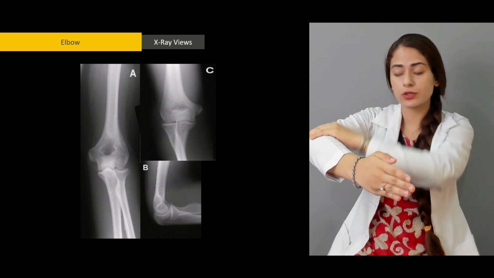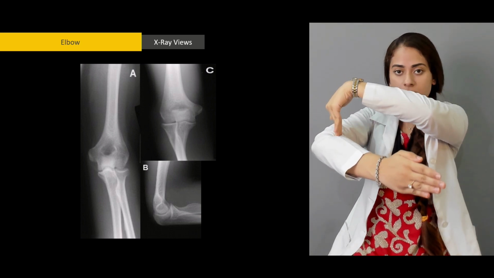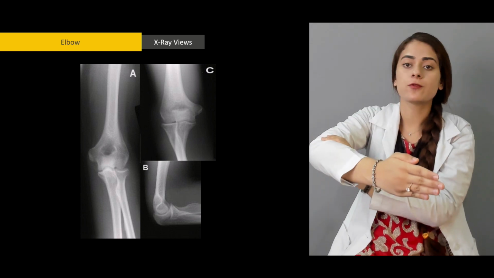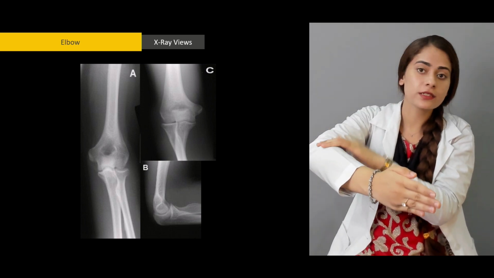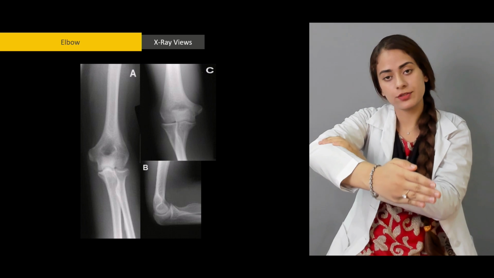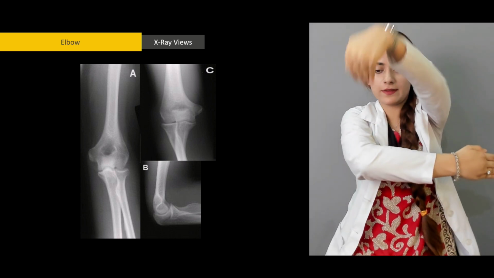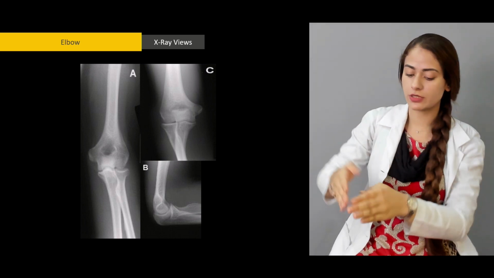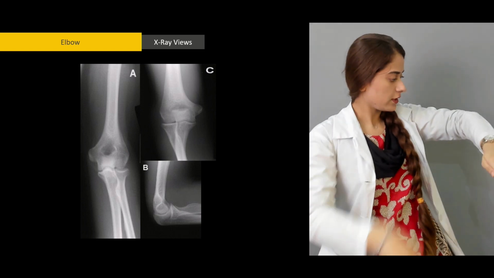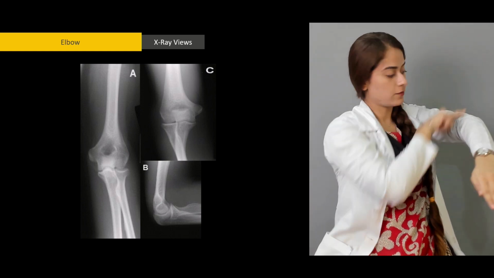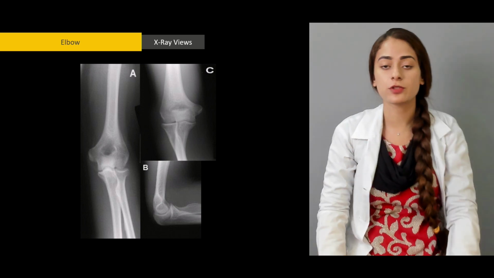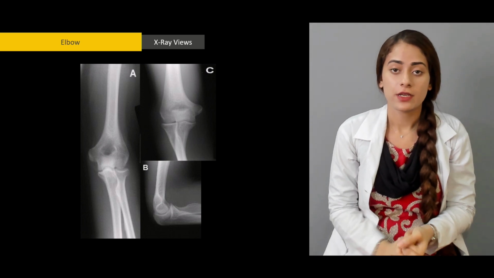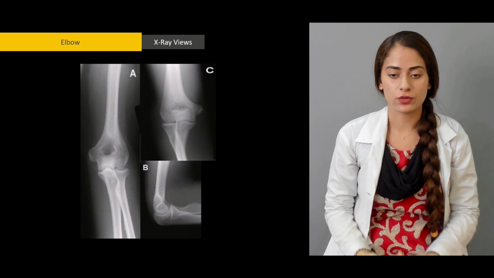For lateral, it was this direction for the x-rays, but for the oblique lateral view, the x-ray position will be somewhat like this. So this will be the position of the 45 degree angle for this oblique lateral view.